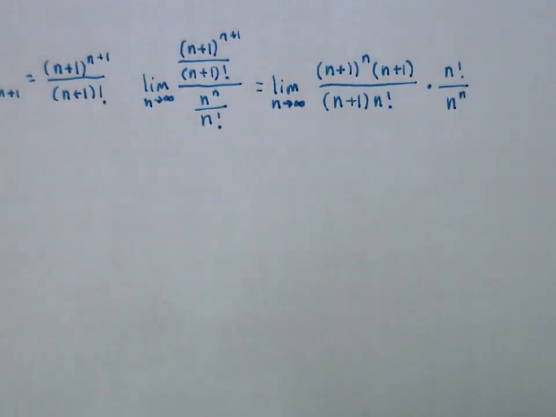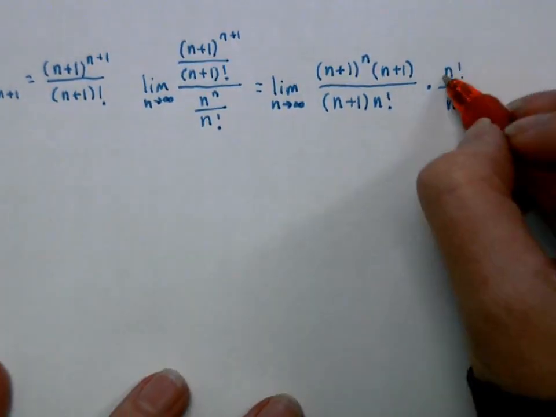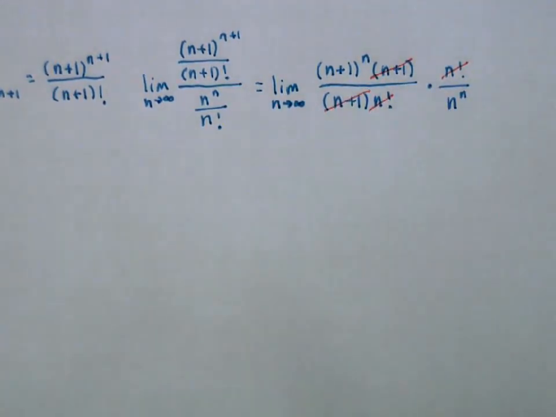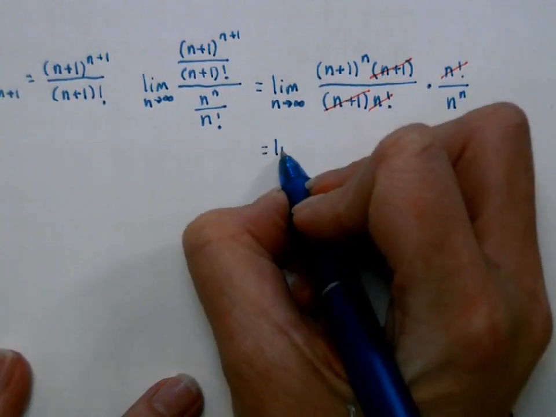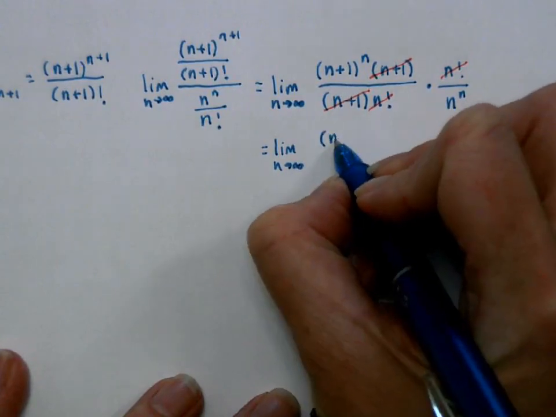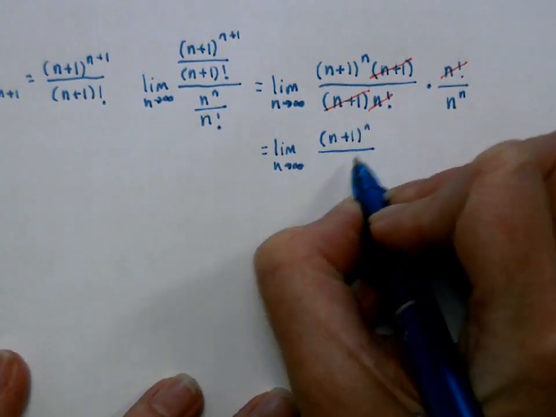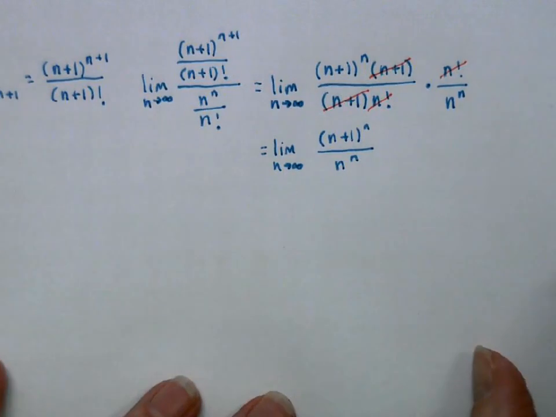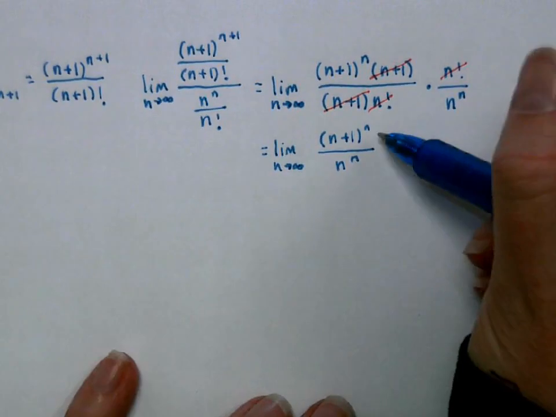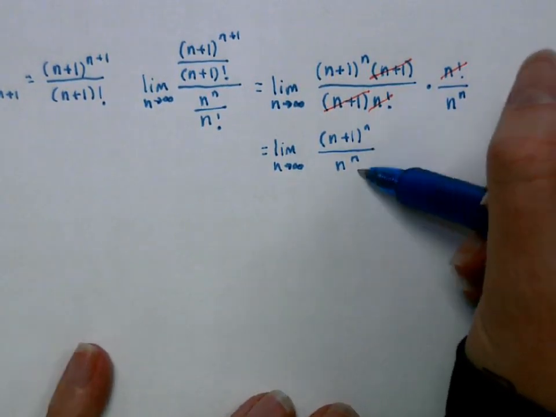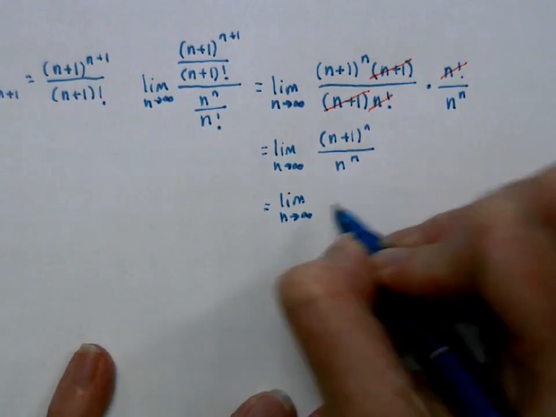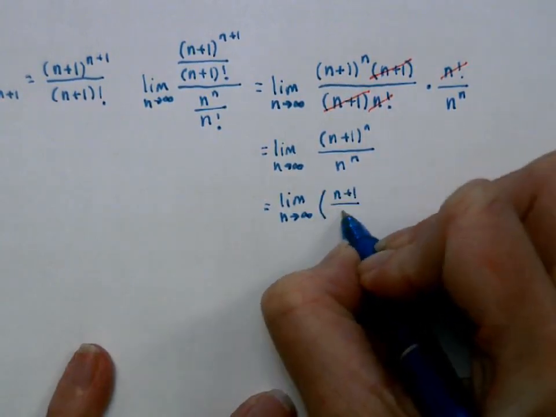So some stuff cancels. My n factorials cancel, and this n plus 1 cancels. So I have n plus 1 to the n over n to the n. That's still kind of tricky and maybe not totally recognizable. So let's use some properties of exponents. If we have something to the same power, I can go ahead and combine those: n plus 1 over n raised to the n.